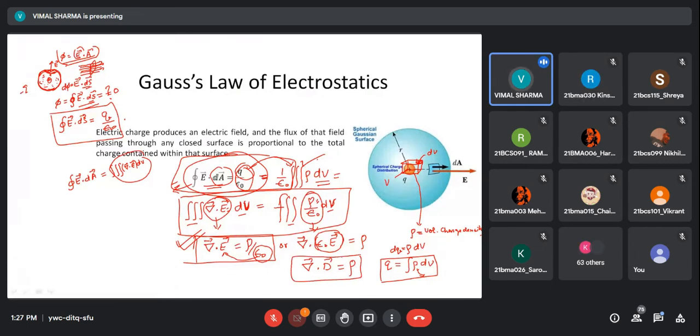So this is divergence of D, that is the electric displacement vector, equals rho. This is a new form, the same Gauss law of electrostatics, but in a differential form, you can say, in the form of the del operator.